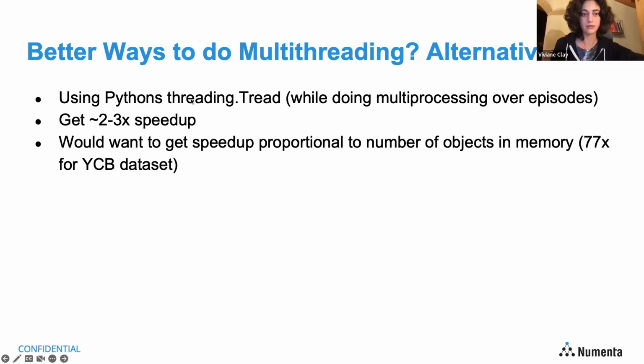For that, we use Python's threading.Thread, but it gives us only about a 2 to 3x speedup. Theoretically, we would want the speedup to be proportional to the number of objects in memory, so a 77x speedup for the YCB dataset, for example, but it isn't.